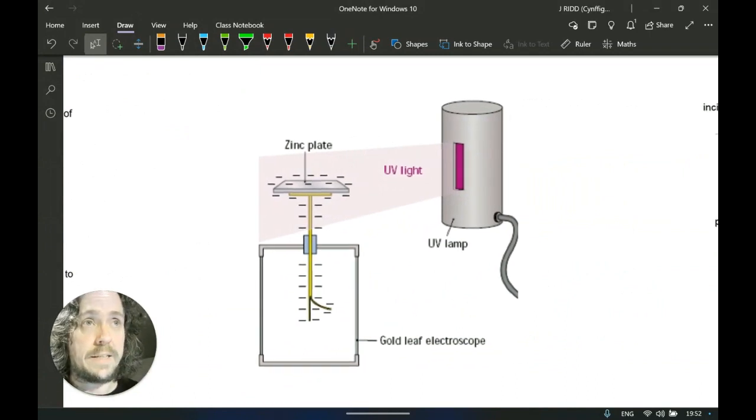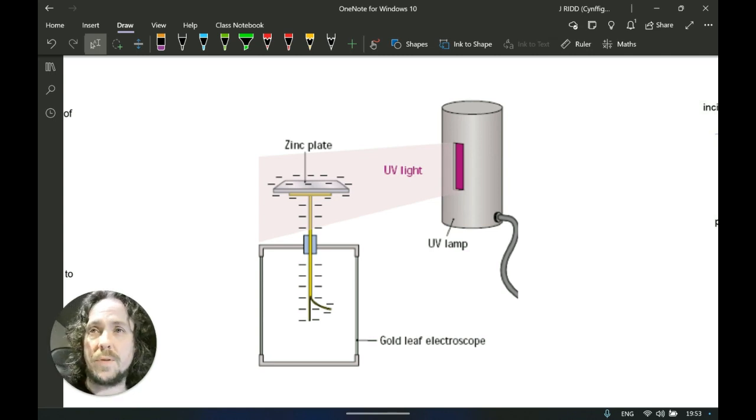The photoelectric effect occurs when radiation of a certain energy, in this case UV light, as we can see here, is shone onto a metallic plate or a charged metallic plate.